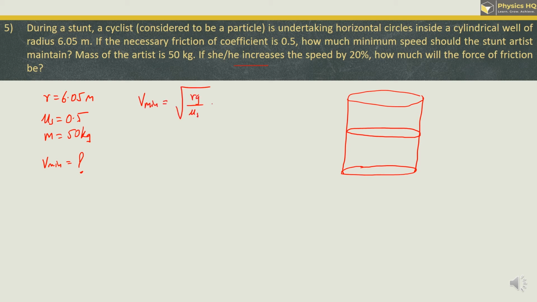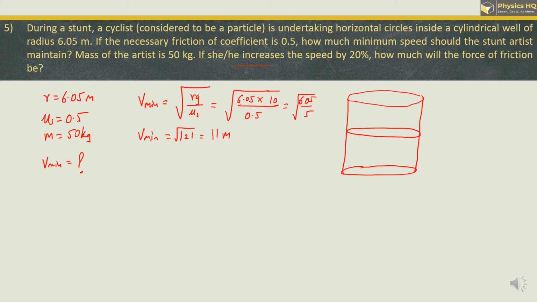Root of R is 6.05, g is 10, mu s is 0.5. Now when you adjust the decimal points, what you get is 605 by 5 actually, and when you solve this you will get minimum velocity as root of 121, which is 11 meter per second.